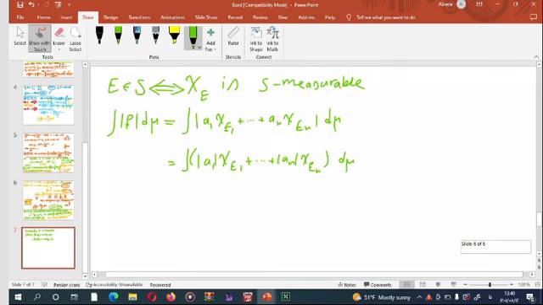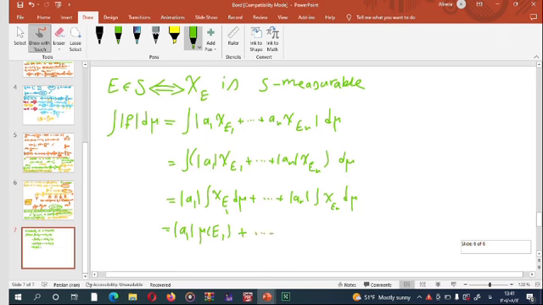And this is equal to this linear combination of E1 up to En, and this is equal to absolute value of A1 mu of E1 plus up to absolute value of An mu of En.